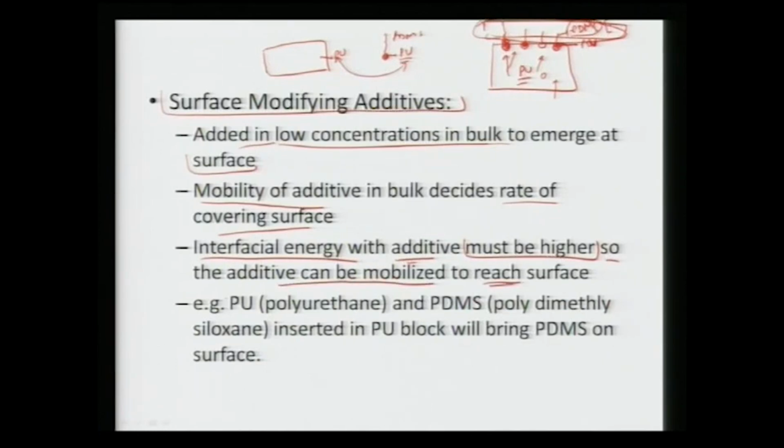In the particular example we have seen that polyurethane and PDMS, once they are inserted in a PU block, will bring PDMS to the surface. So, in surface modifying additives, we add a particular entity in a lower concentration in bulk, and the overall interfacial energy of the additive must be higher, so that it can be mobilized to reach the surface and impart certain functionality.